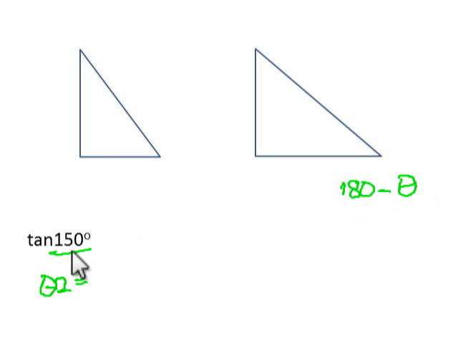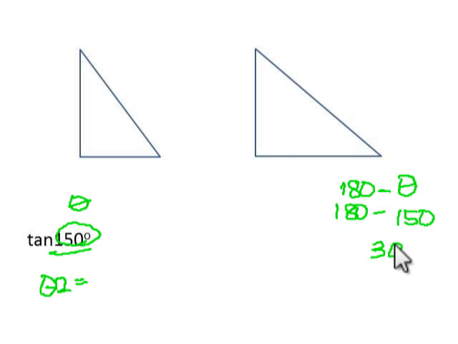Ang theta natin ay ito. Okay? So, that will be 180 minus 150. And what is 180 minus 150? That will be 30 degrees.